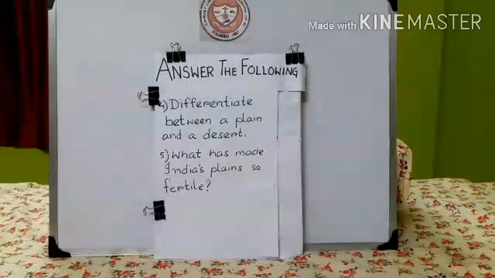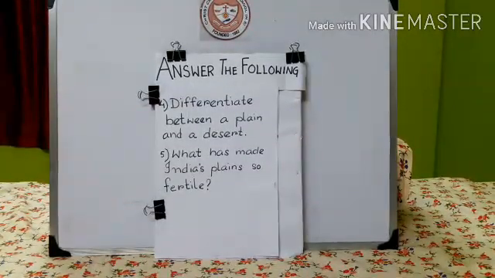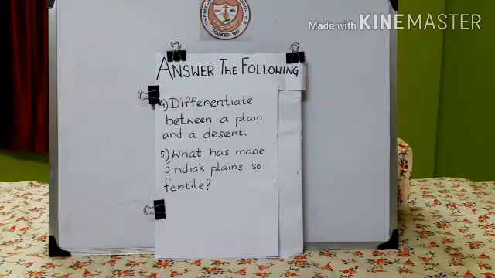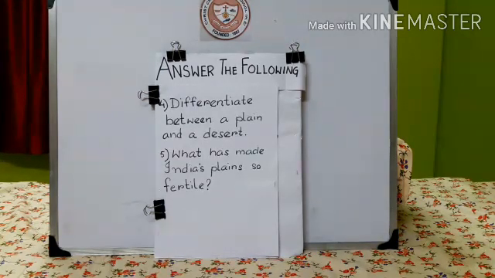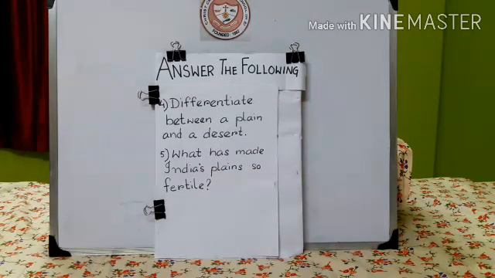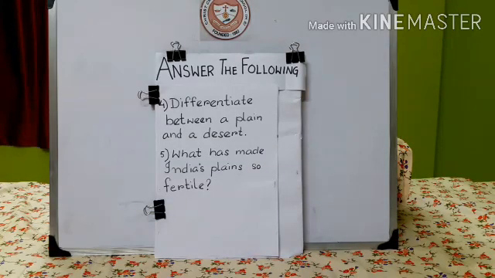But whereas deserts are sandy plains which are covered with sand. There is very little rainfall in deserts throughout the year and so very few bushes and thorny plants grow in this region. So you all have understood what you are supposed to write for this answer.